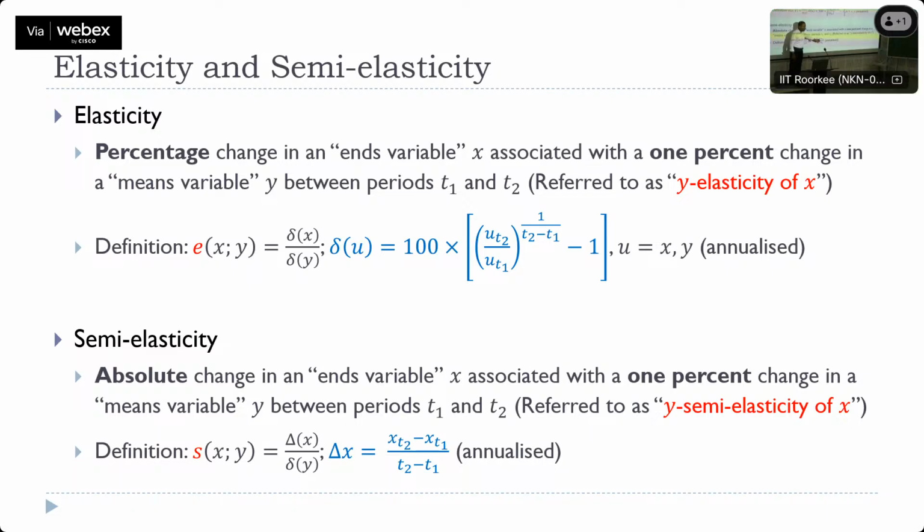You just look at the change, divide by the number of years over which you are doing it, and that gives you the annualized change. You have elasticity and you have the formulation of semi-elasticity. Sorry? The first one? This one? It's just a different variable notation where u can be either x or y. So instead of writing x for this, y for this, I just define it for u, where you can take the form of x and y.